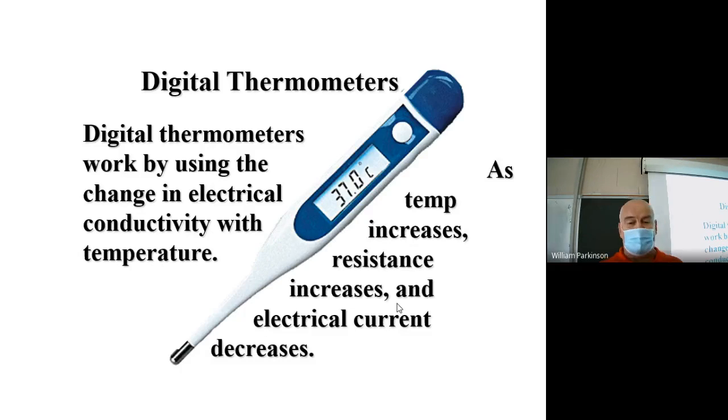So that's how a digital thermometer works, due to the resistance of the conducting material. As the heat increases, the resistance increases. As the resistance increases, the current decreases. And as the current decreases, it knows how to convert that into the temperature that the sample is measuring.